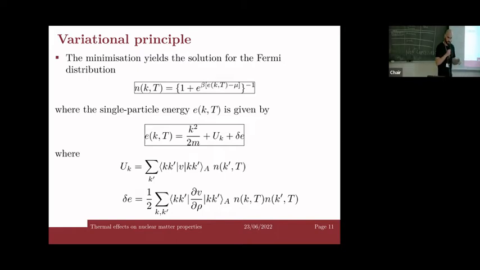The main point is that everything that we do here must be thermodynamically consistent. So the Fermi distribution depends on the single particle energy and vice versa. So when we are trying to reach this thermodynamic consistency, we need to solve the system in an iterative fashion, such that we can finally reach thermodynamic consistency.